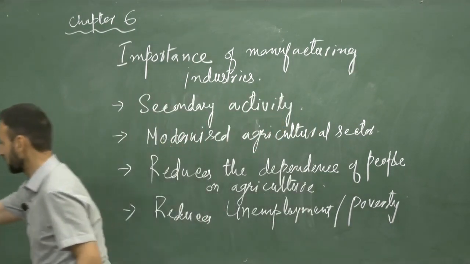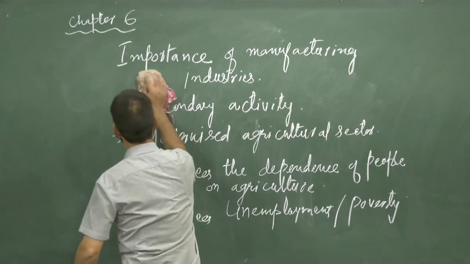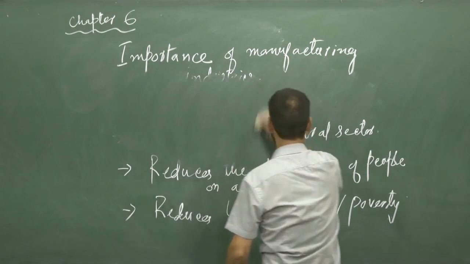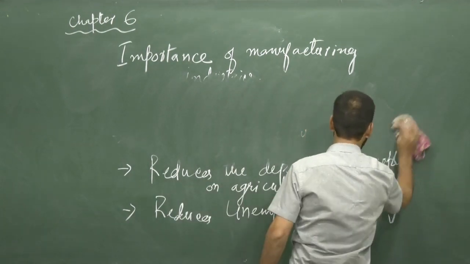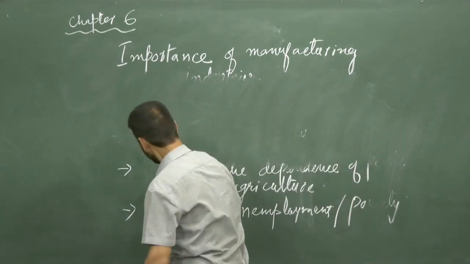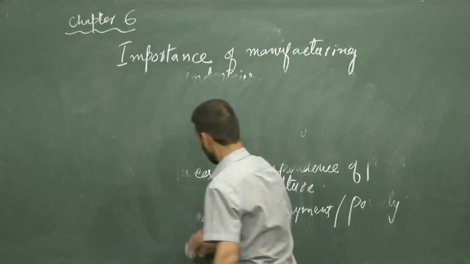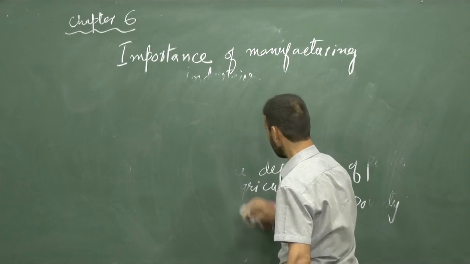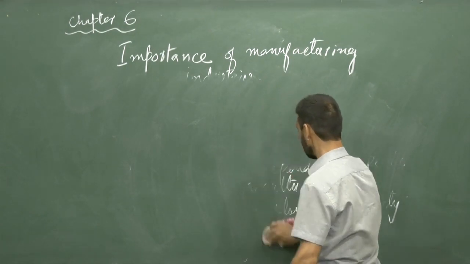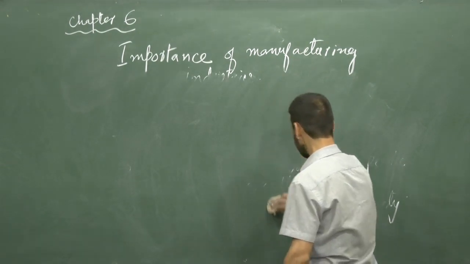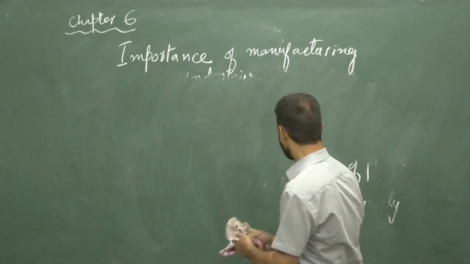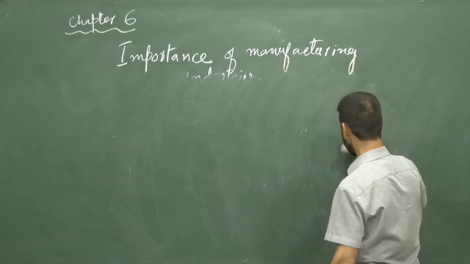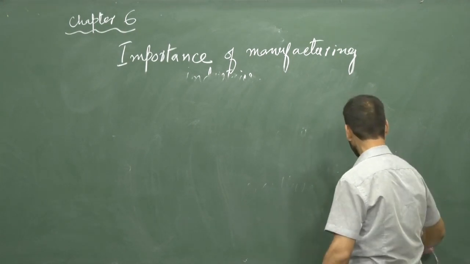Another important point related to this industrial sector is that mostly industries were established in urban areas. Urbanization and industrialization are related to each other.